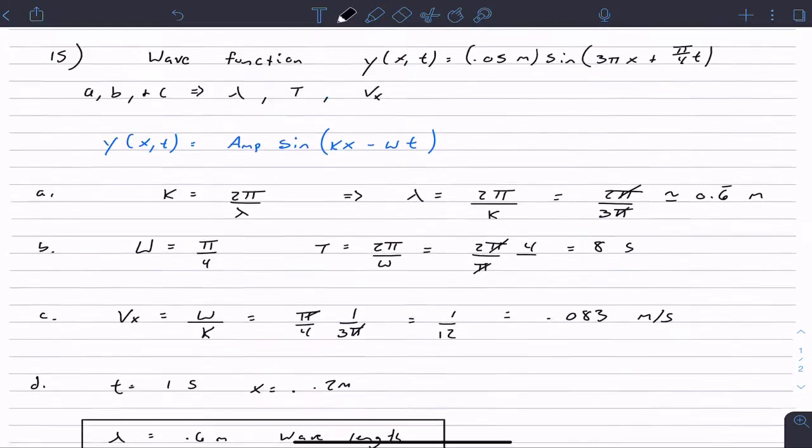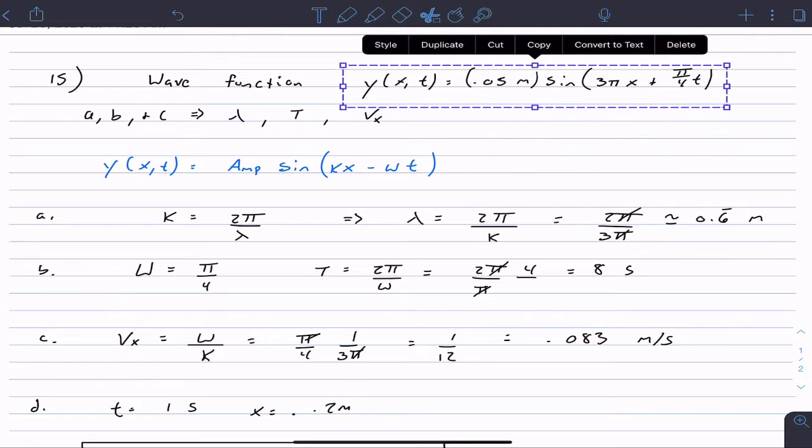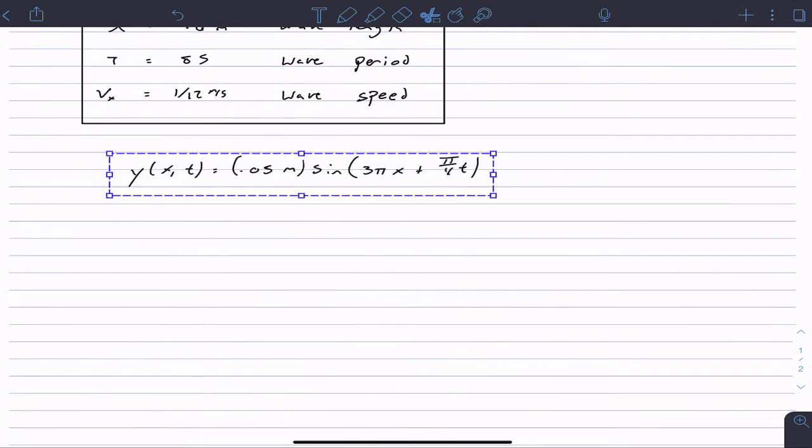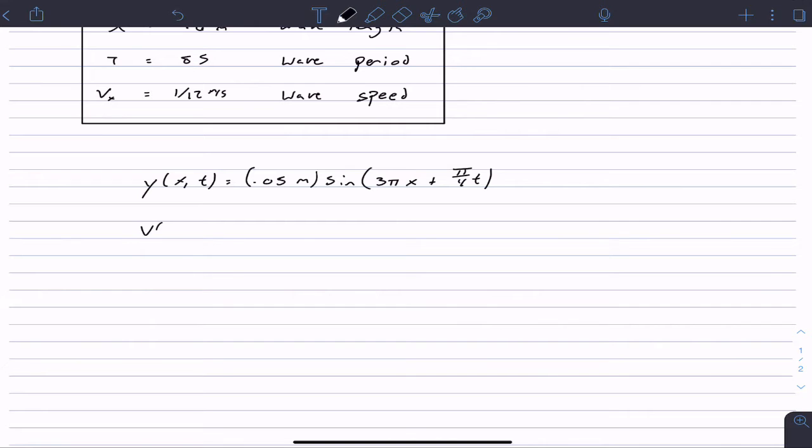What is our function? Here, let's copy this so I can see it. So v of x,t is equal to negative, nope, it's not negative, it's 3 pi, sorry, pi over 4. We're doing this with respect to time, so we're taking dy/dt. That gives us pi over 4 times 0.05 meters times cosine of 3 pi x plus pi over 4 times time.